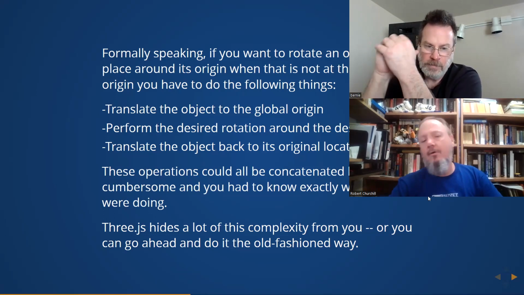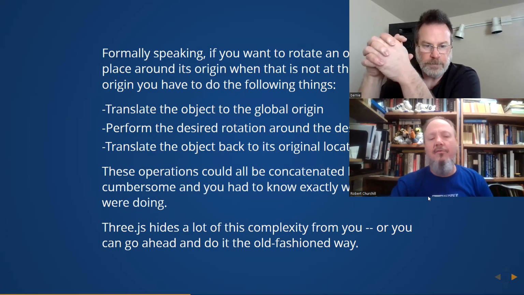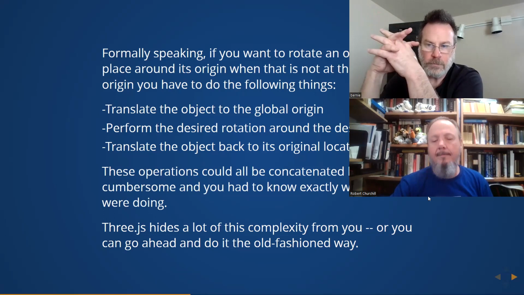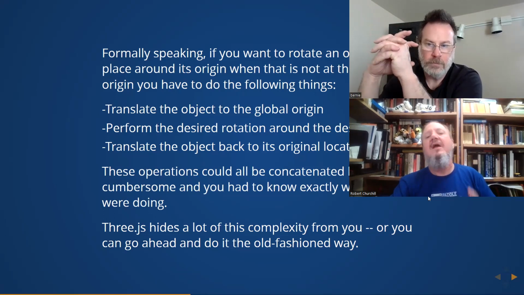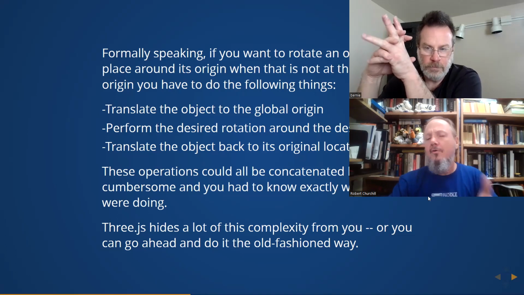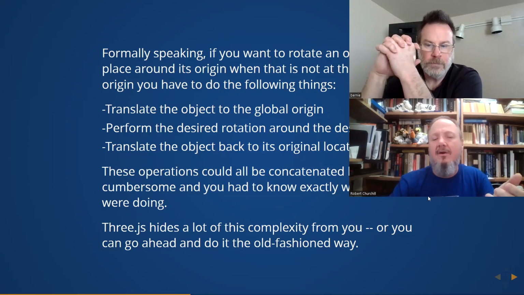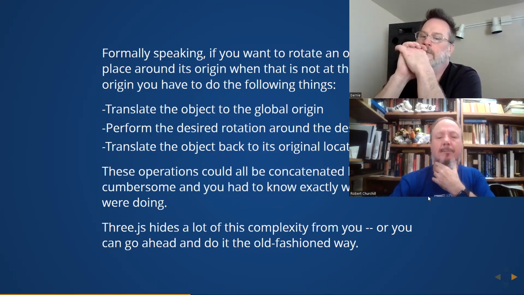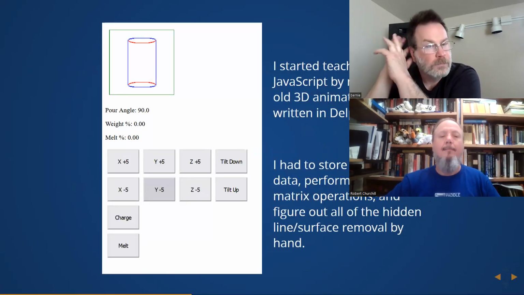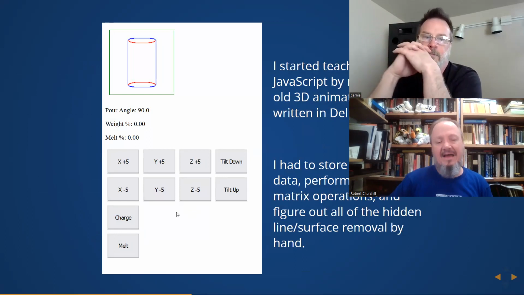There are ways to do all those things. You don't have to know how it all works. It just does it for you. There are good descriptions out there of how the matrix math works. I've done this by hand in the past.